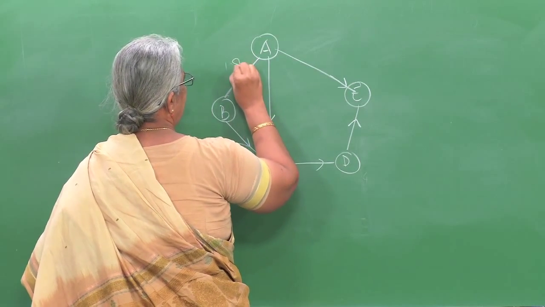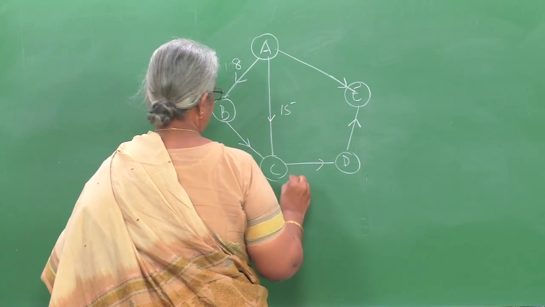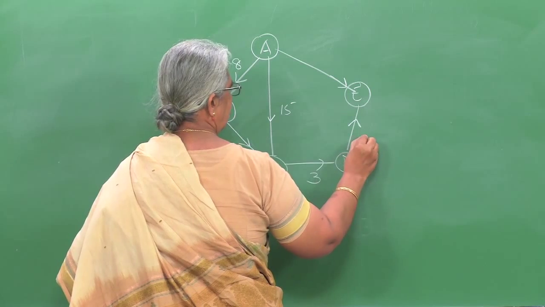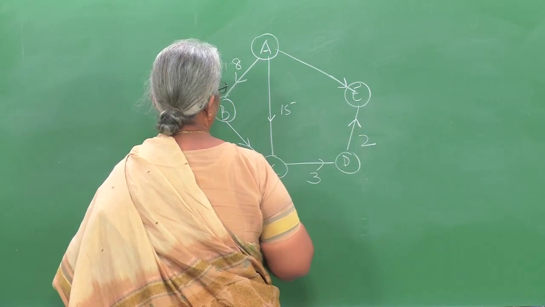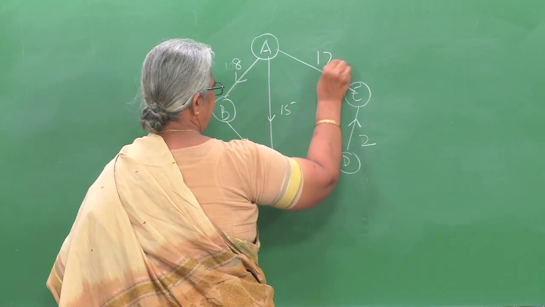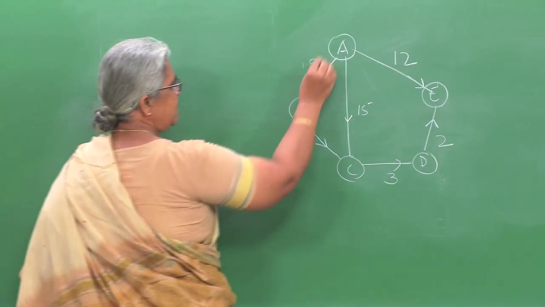Let us say I have 8 here, 2 here, 15 here, and 3 here, and 2 here, and let us say 12 here.